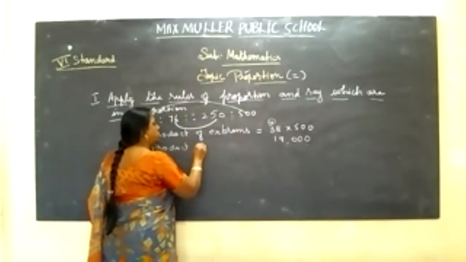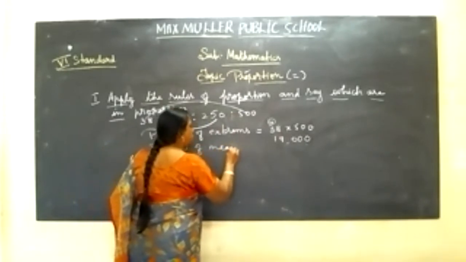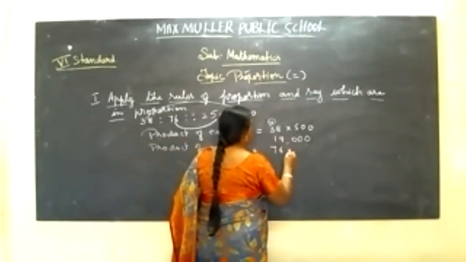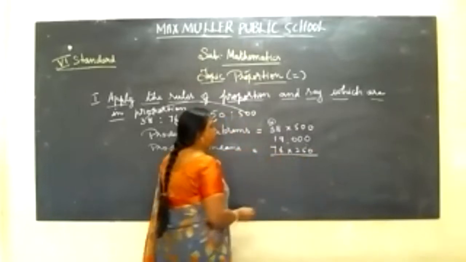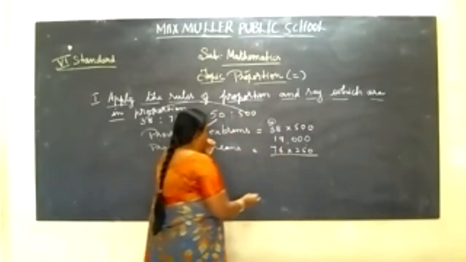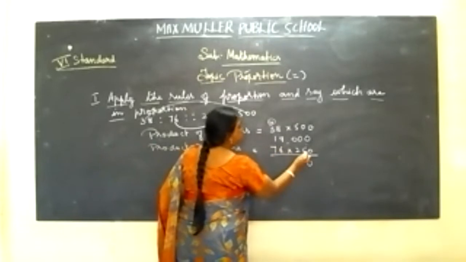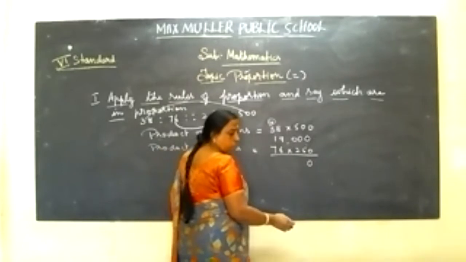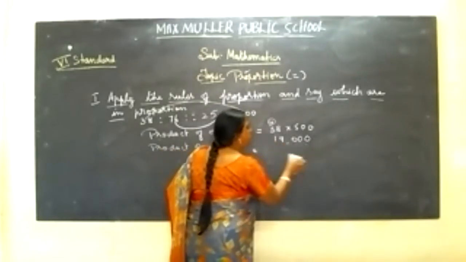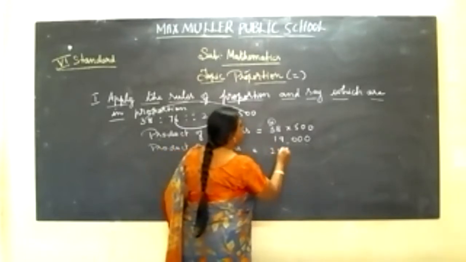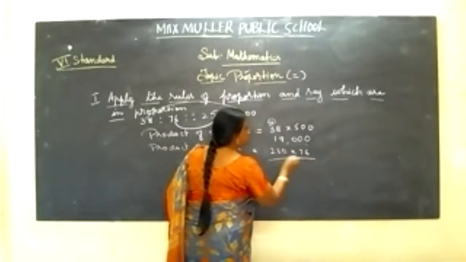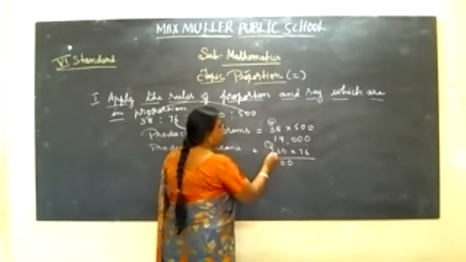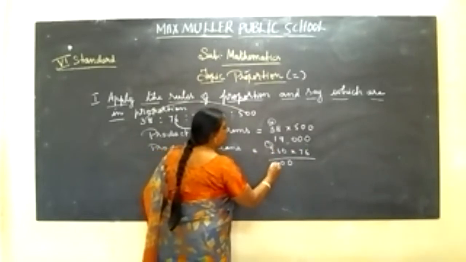Then product of means. Product of means are the middle terms. That means second term and third term. Second term into third term, 250 into 76. Now multiply this. Okay, I'll multiply like this, then it's easy, only two digits you can go. 250 into 76. 0, 6 fives are 30, 3 carry, 6 twos are 12, 15.